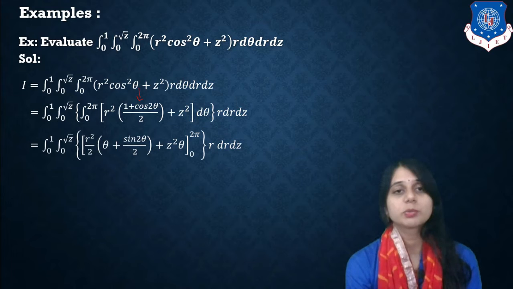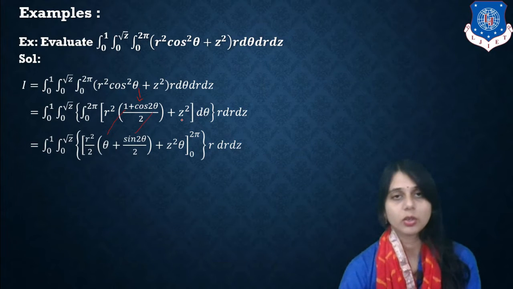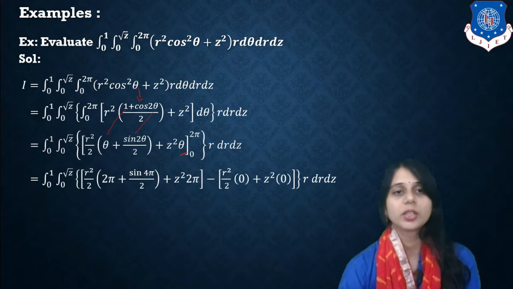We integrate with respect to theta. We get 1 by 2. Integration of 1 is theta, cos 2 theta is sin 2 theta by 2. Z square is a constant, so integration of z square d theta is z square theta. Now put the upper limit and lower limit. We get 2 pi, sin 2 pi, that means sin 4 pi, 2 pi z square.